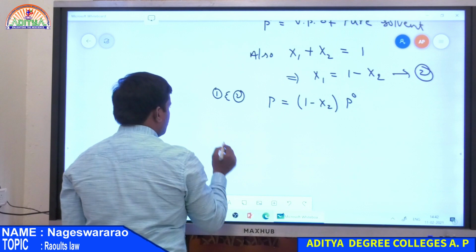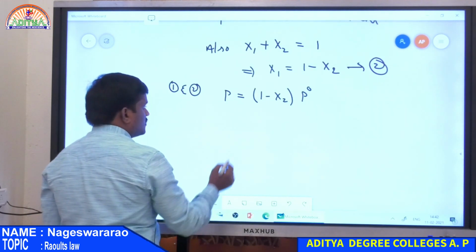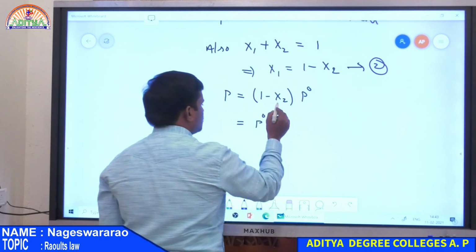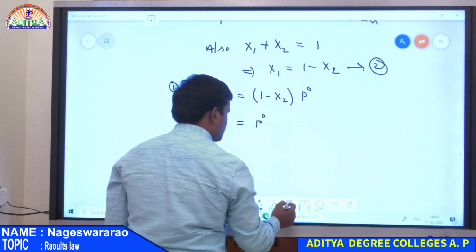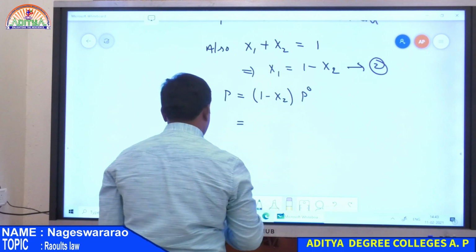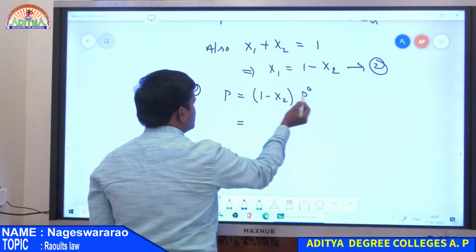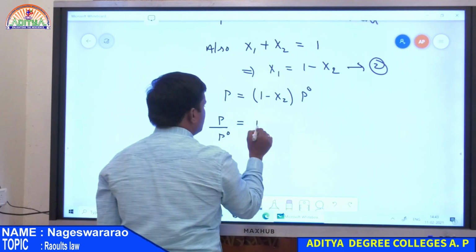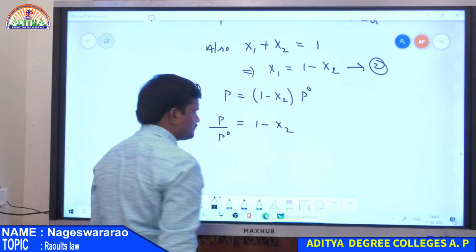So now, 1 into P naught is P naught. Simply taking this term to the left hand side, it becomes P by P naught equal to 1 minus x2.